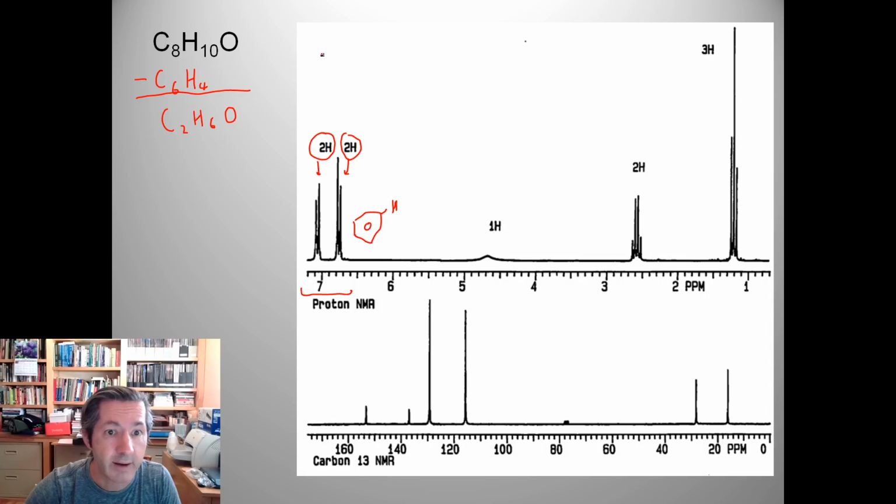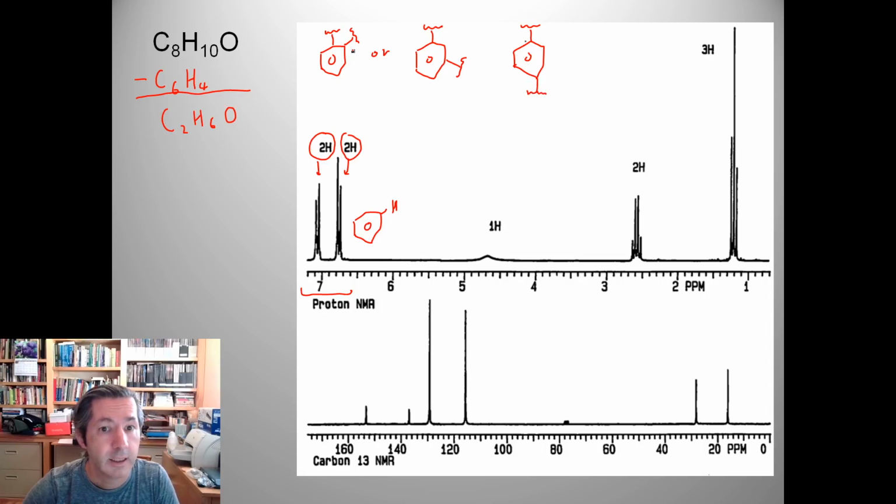And so if you have 4 hydrogens on your ring, that means the substitution pattern has to look like one of these 3. Either the 2 substituents are next to each other, a little bit farther away, or on opposite sides of the molecule.